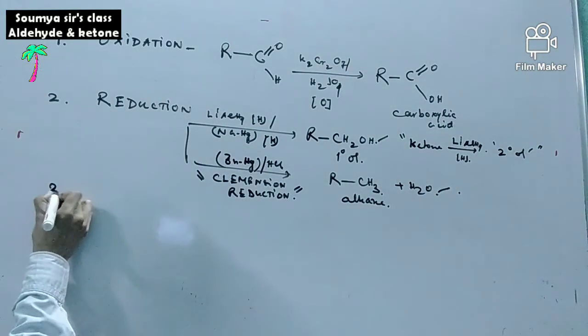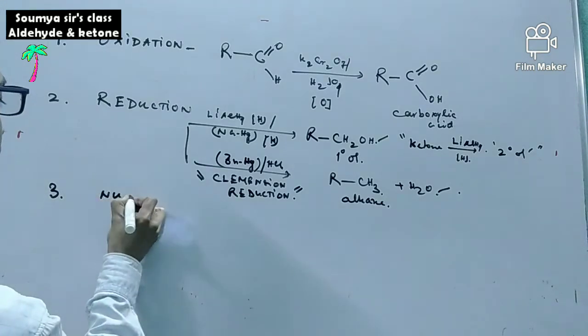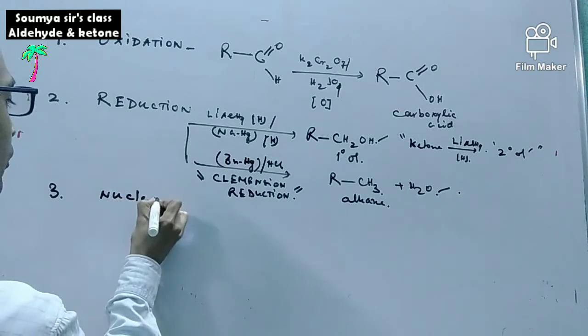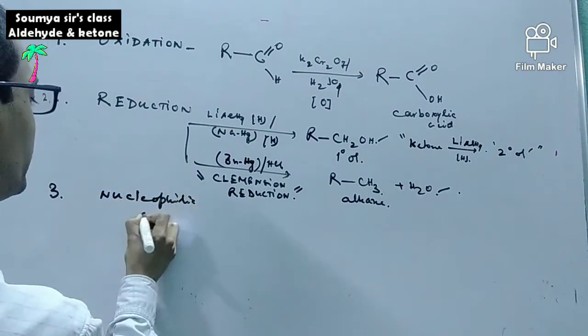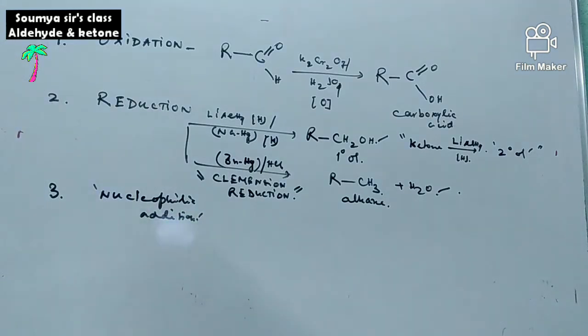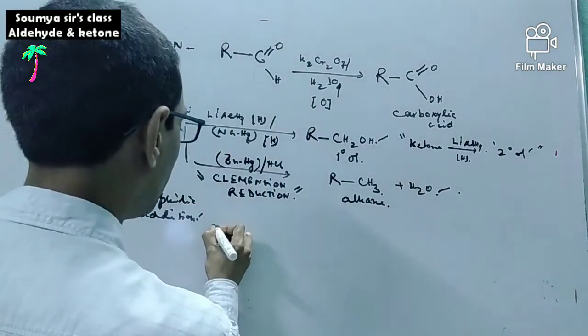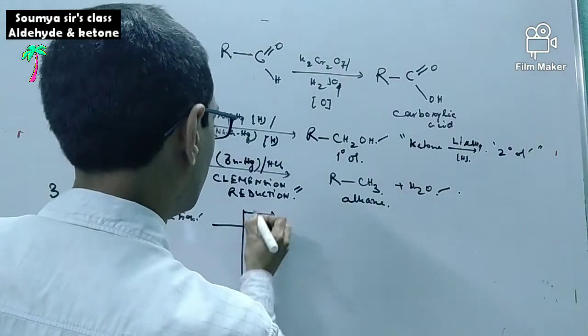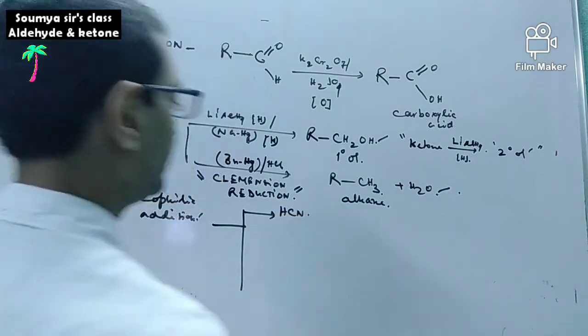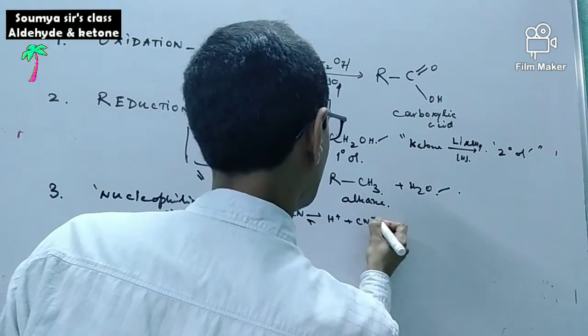Number three, there is nucleophilic addition. That means some nucleophile will attack the RCHO group. The nucleophiles are as follows. HCN dissociates into H plus and CN minus.